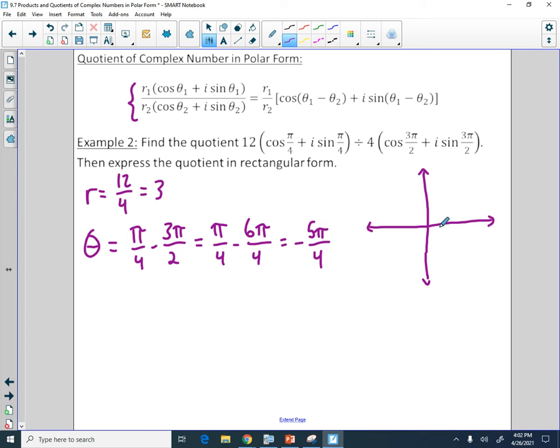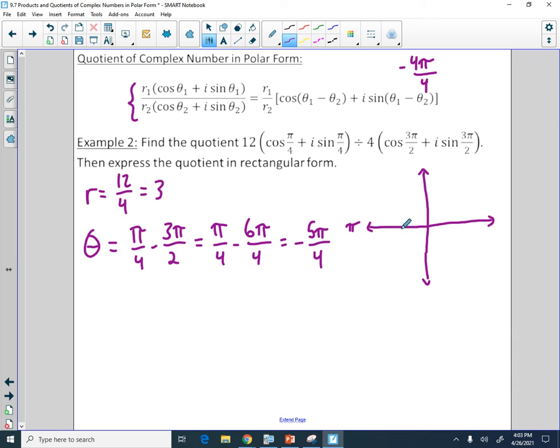So negative 5 fourths is a little bit more than 1, right? And we know that 180 degrees is pi, so we have a little bit more than 1 pi. And if I'm going negative 5 pi fourths, I'm starting here and I'm going negative. Well, I know that negative 4 pi fourths is negative pi, which is the same place as pi.